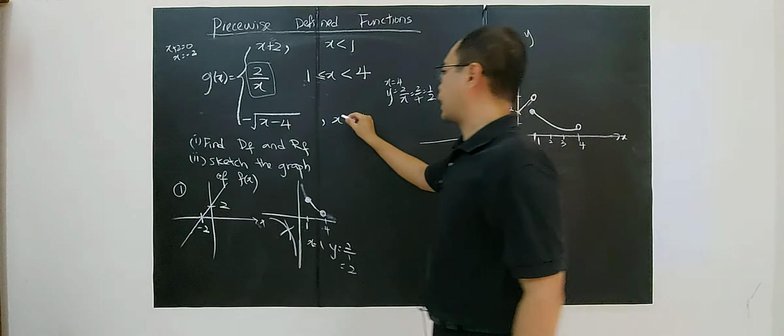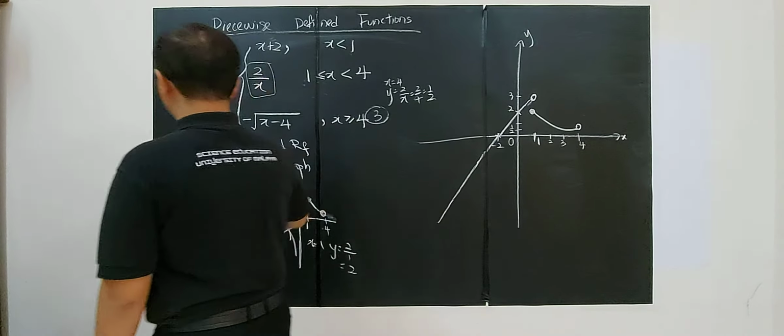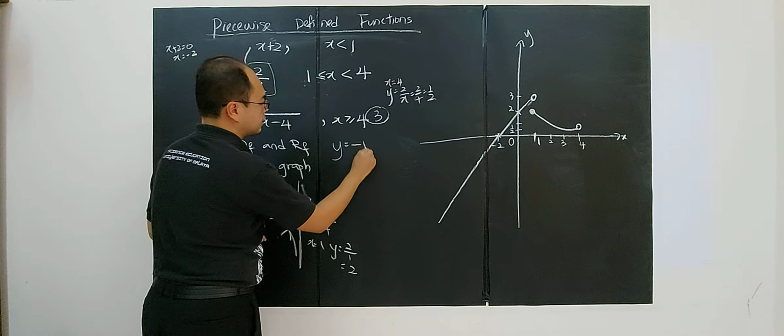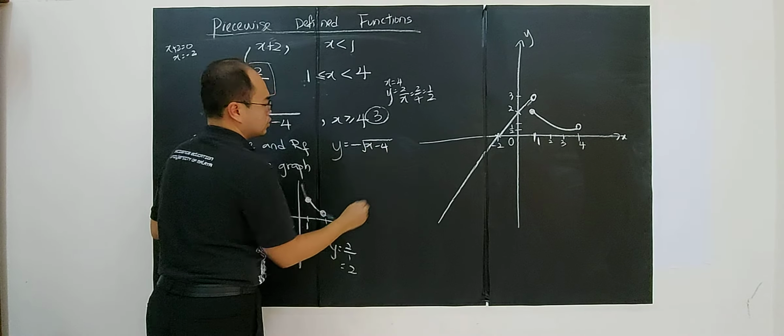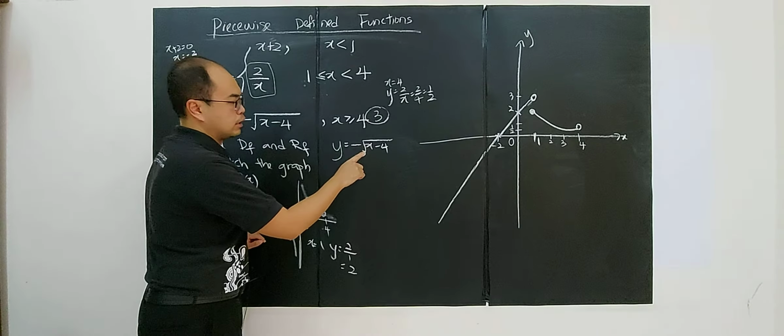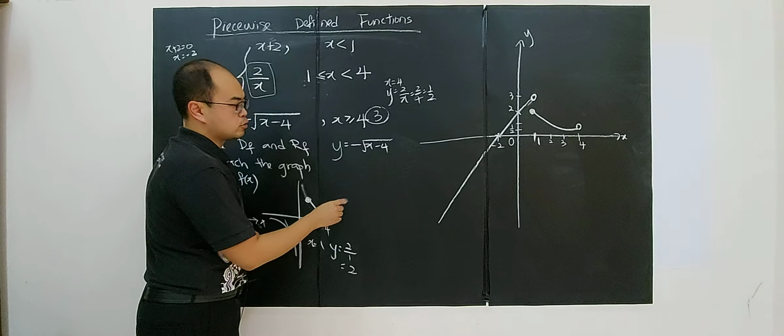Now let's look at the third one, the square root function, y equals negative square root of x minus 4. If you want to sketch the graph for a square root function, you can refer back to the video for square root function.